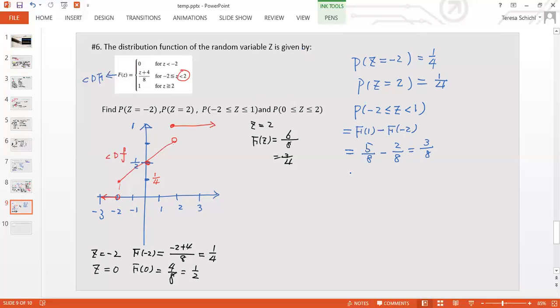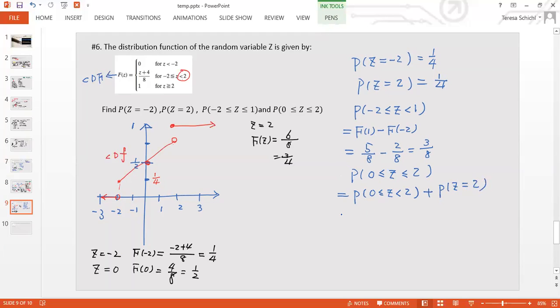Okay, now the next thing is, if I want to find the probability that z is greater than 0 and less than or equal to 2, be very careful. My CDF does not include equal to 2 here, so I need to change that. So this is z less than 2 plus the probability of z equal to 2.